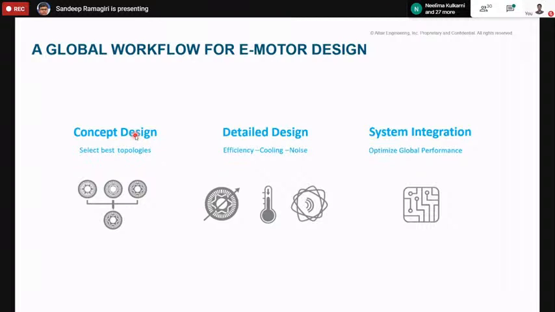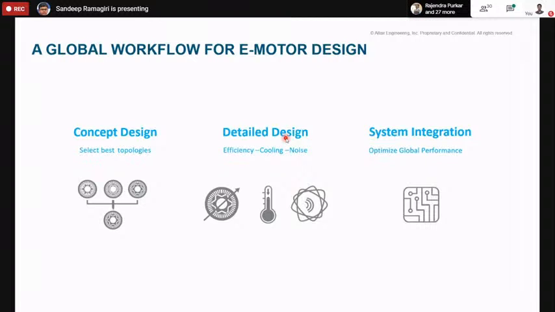This is basically semi-analytical, semi-finite element calculation, to quickly target the design. Then we will go to the detailed design, where we will do the finite element calculations. Once we design the motor, we will freeze the design in the detailed stage with the finite element calculations, which will be nearer to the practical results. Then once we freeze this, we will integrate that particular motor into the system.